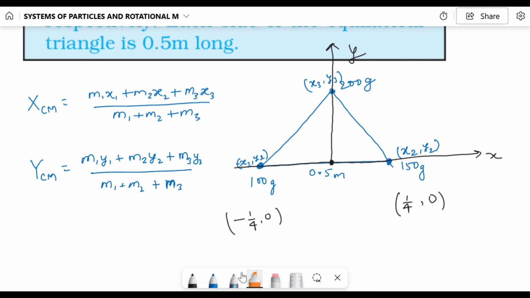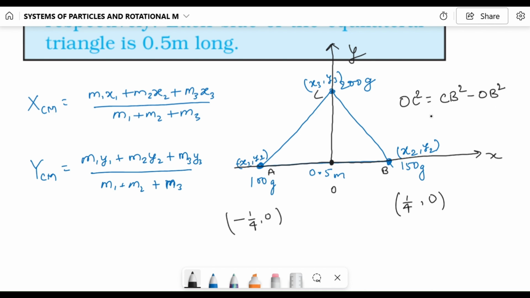If this is our reference point, that is the origin, let me write point A, this is point B, and this is point C. So OC square will be CB square minus OB square.